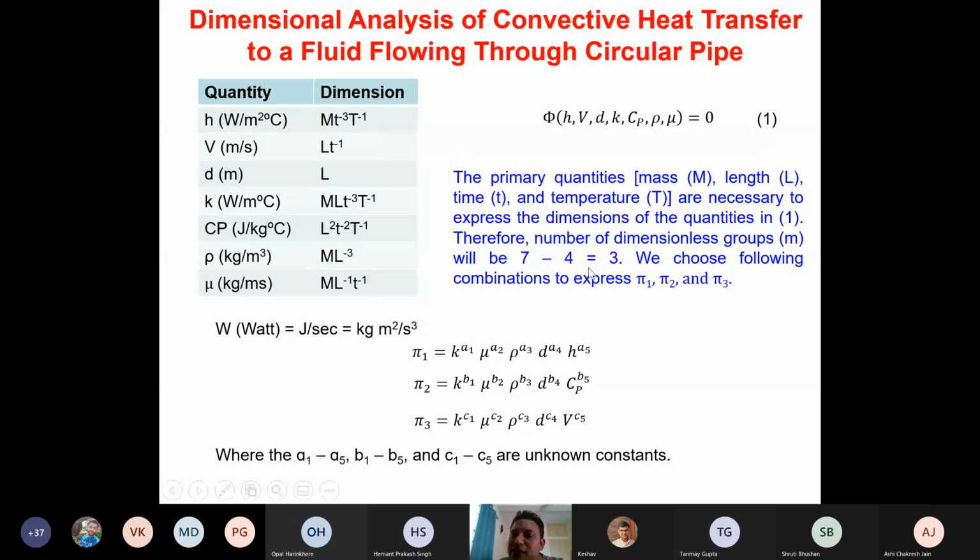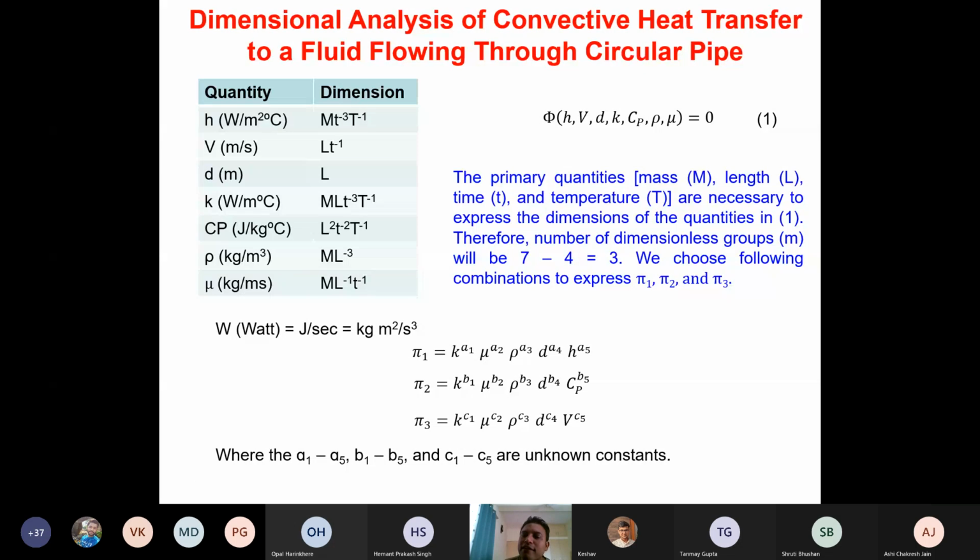So my p is 4, small n is 7. There are 7 quantities, so 7 minus 4 gives me 3. So I am going to have 3 dimensionless groups required in this case.